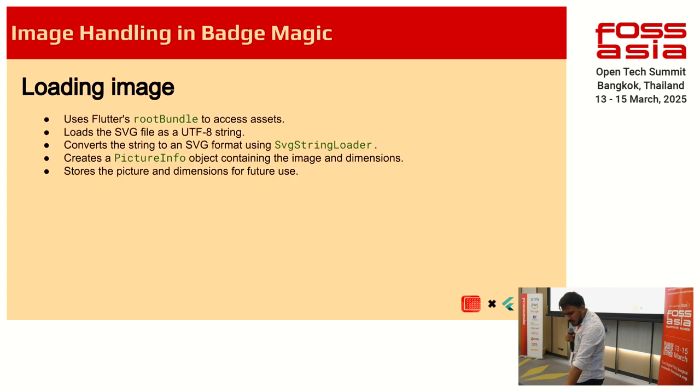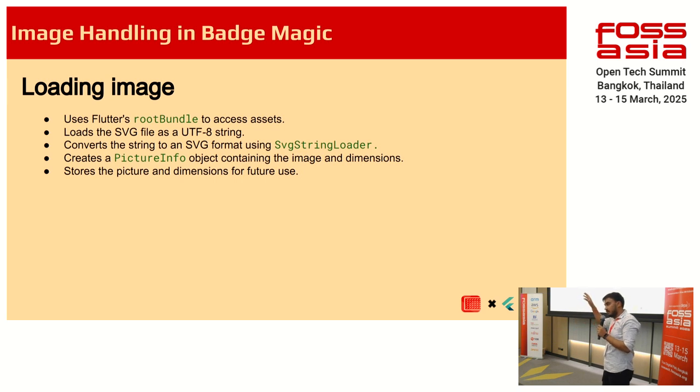For loading images, we use the rootBundle of Flutter, and we load the image from the asset. How we load the SVG file is we take the SVG file as a string, and then we use the SVG string loader to parse the string as an SVG file.